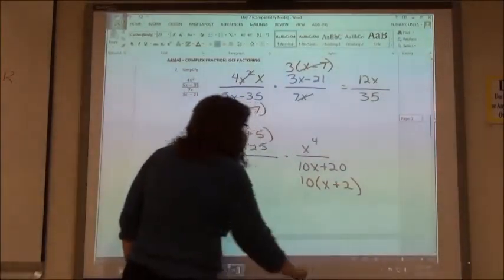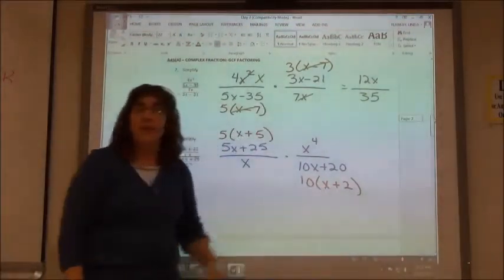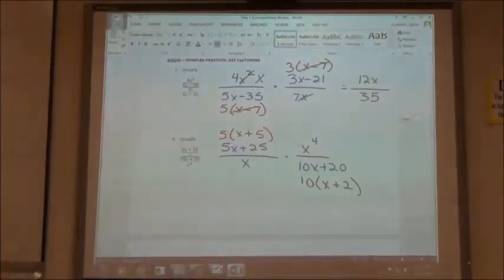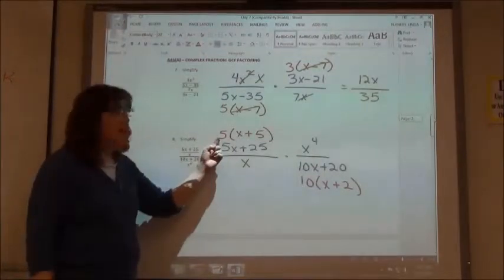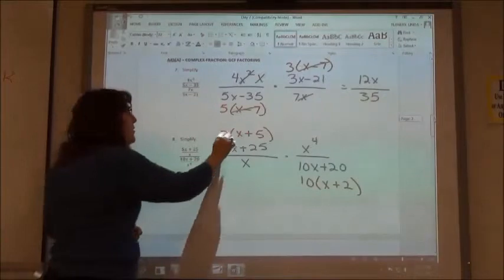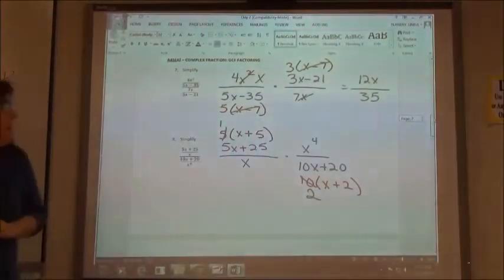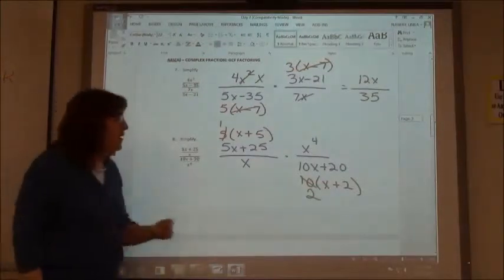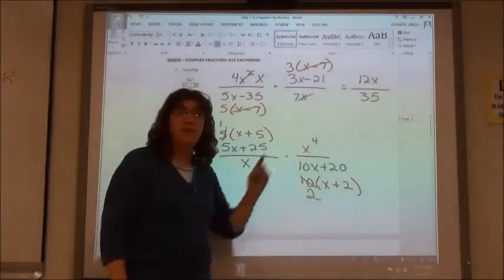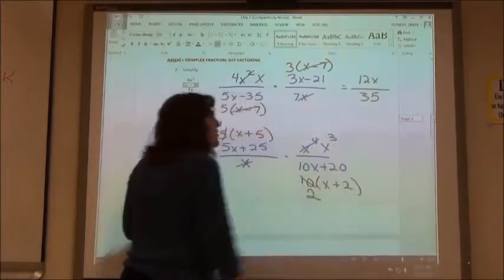So now I'm looking for things I can cancel. This time I can't cancel the x plus 5 with the x plus 2. They're not the same, right? But I've got a 5 and a 10 out in front. I can reduce those down. 1 and 2. And I have a plain x and an x to the 4th. If I take out one of my x's, that's now going to be x to the 3rd, right?